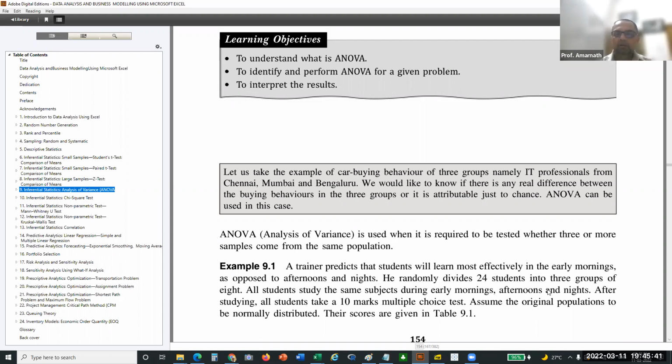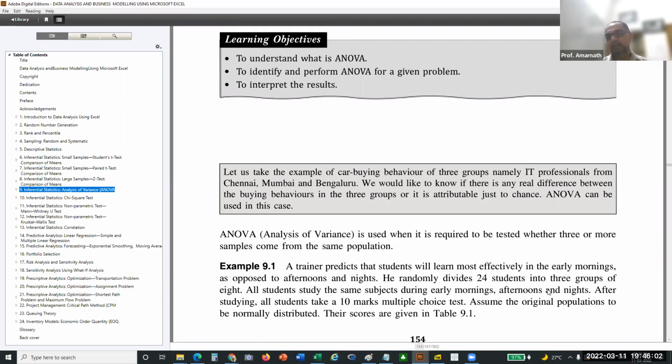Apart from that, if we have a situation, let us take the example of car buying behavior of three groups, namely IT professionals from Chennai, Mumbai, and Bangalore. We would like to know if there is a real difference between the buying behaviors of the three groups, or is it attributable just to chance?